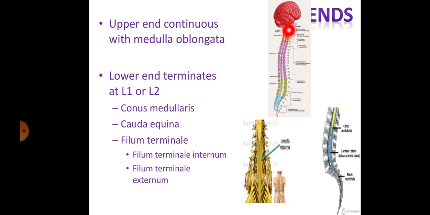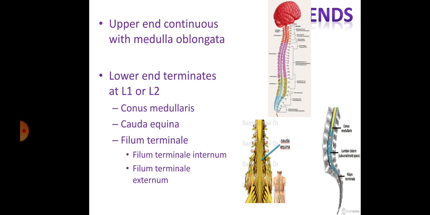The upper end is continuous with the medulla oblongata at the C1 level, which means the first cervical vertebra. The lower end terminates at the L1 or L2 vertebra. So the upper end is continuous as the medulla oblongata at the C1 vertebra, and the lower end terminates at the level of the L1 or L2 vertebra.